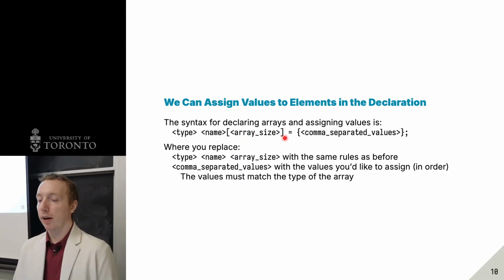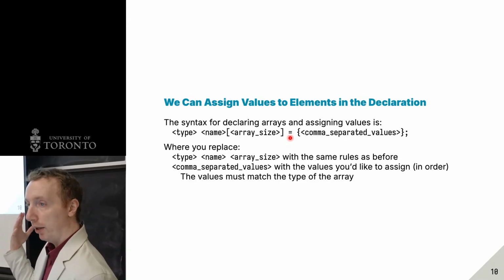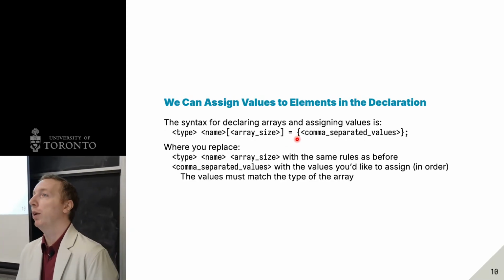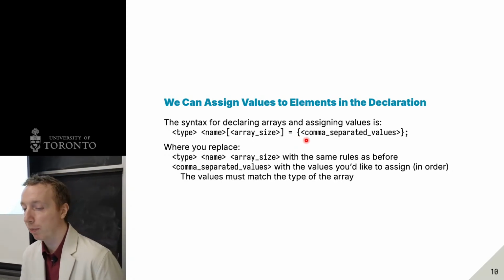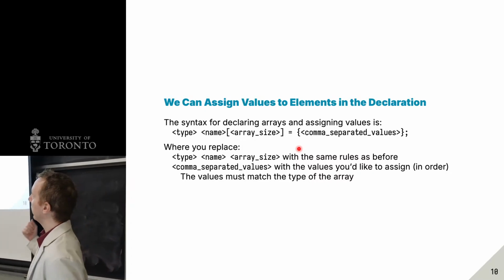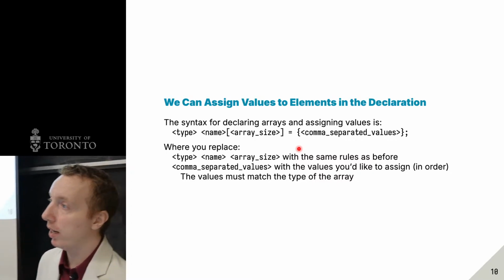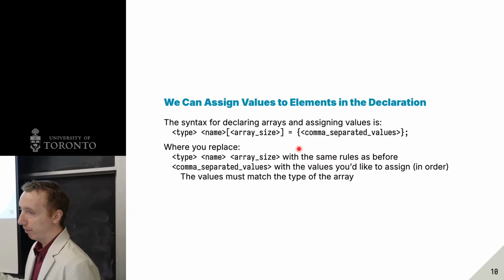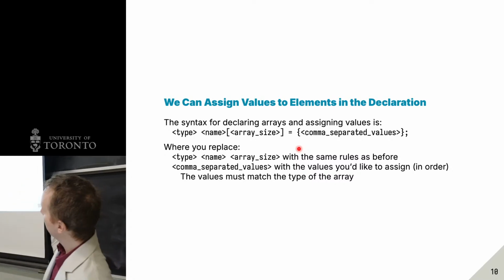And then instead of just equal a value, we have to give it multiple values because it's an array. So we just put them inside some curly brackets, as comma separated values. The values you'd like to assign, in order, have to match the type of the array. So if I say it's 5 elements, then it has to actually match.